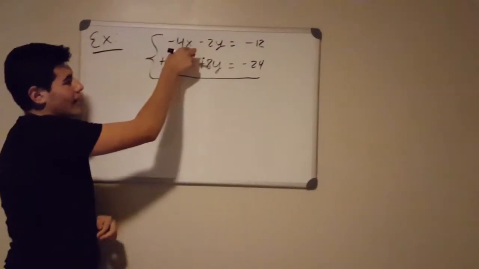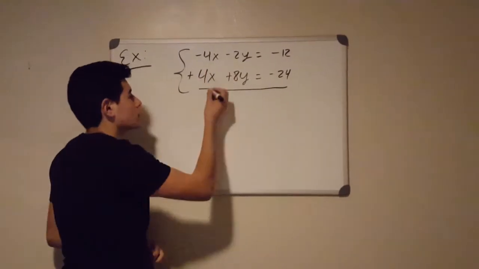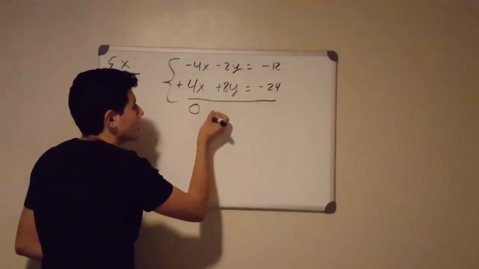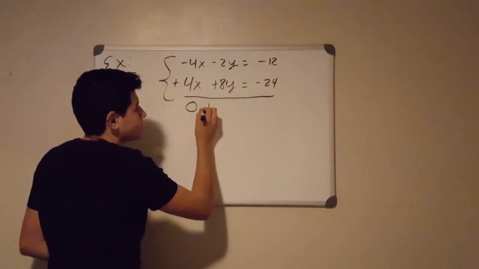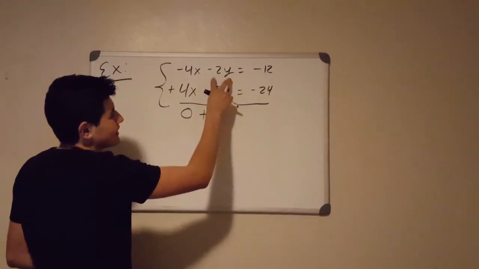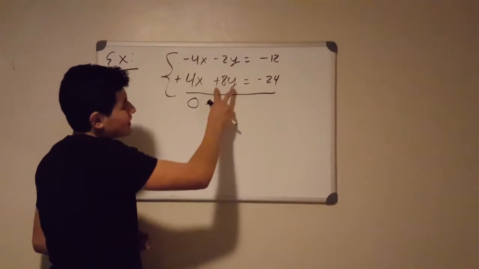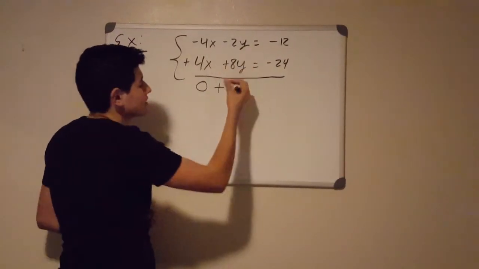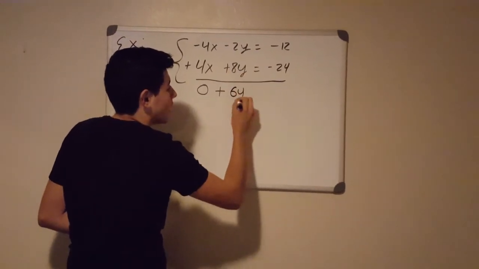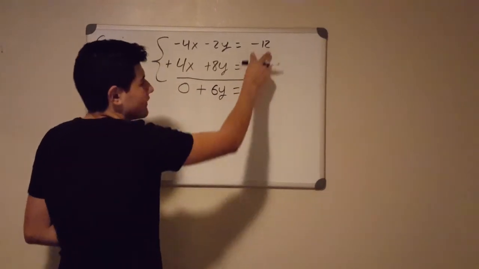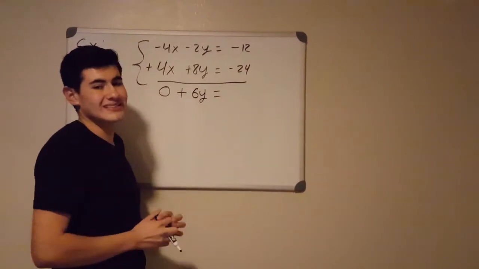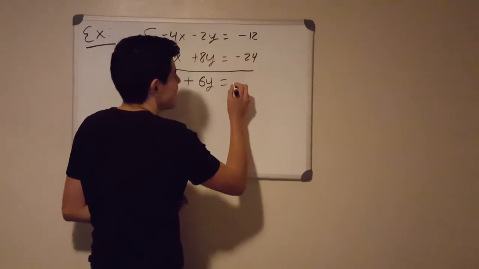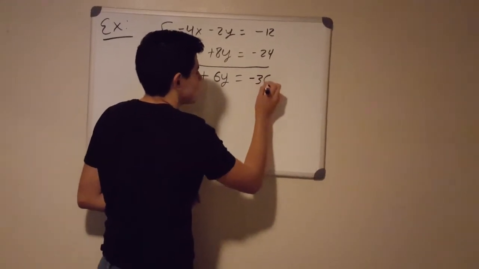So we have negative 4x plus a positive 4x, which cancels out to 0. Then negative 2y plus 8y: 8 apples minus 2 apples gives us 6y, 6 apples. And then negative 12 plus negative 24 gives us negative 36.